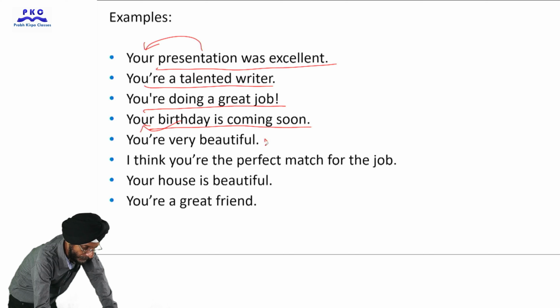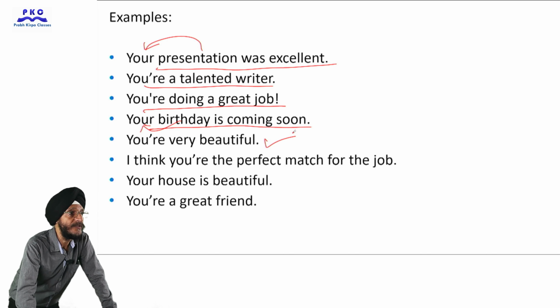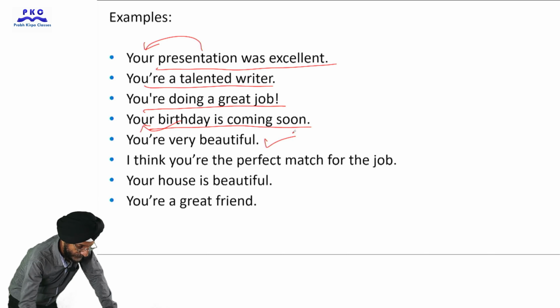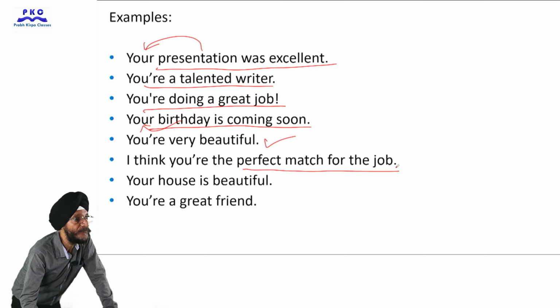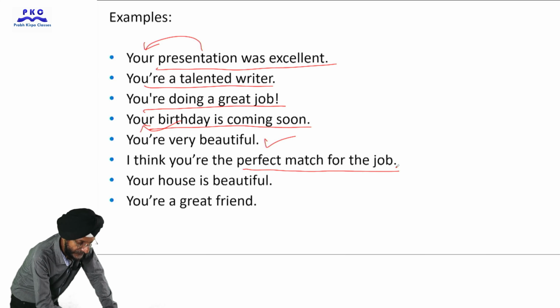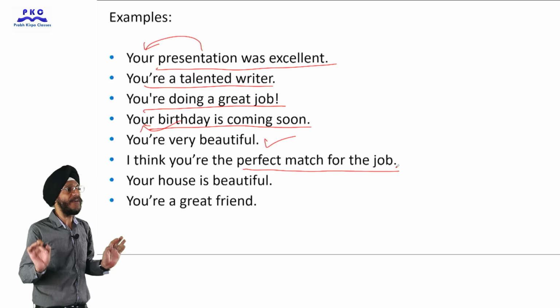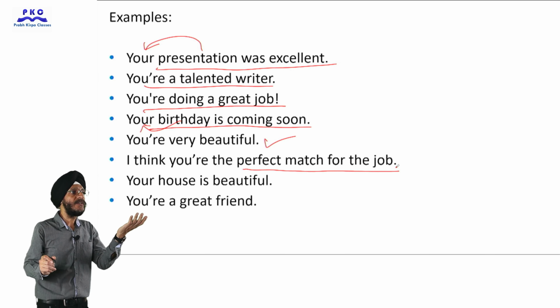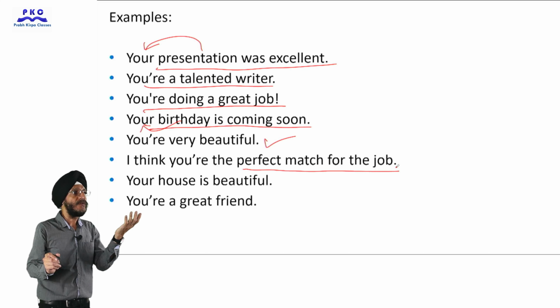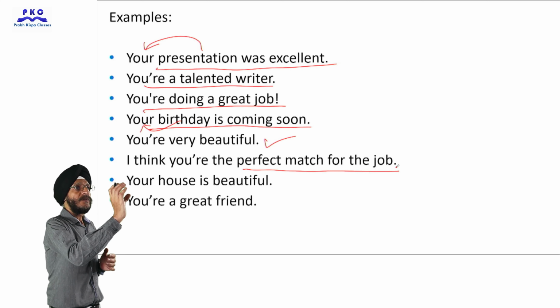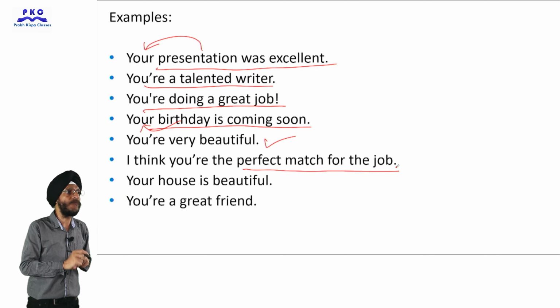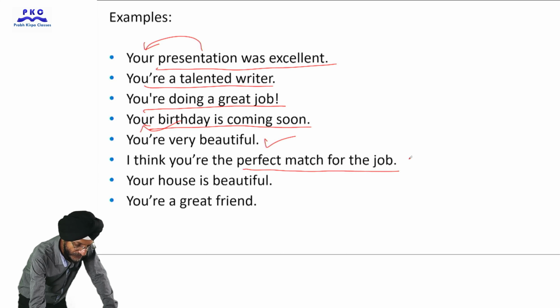You're very beautiful. Contraction form. It is okay. I think you're the perfect match for the job. If we write it, I think you are the perfect match. You are, there is no adjective. There is no possession or ownership of anything in this sentence.